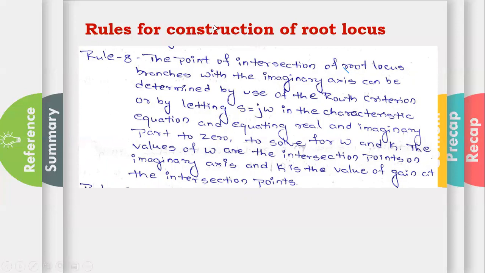Either you can go for the Routh criteria by forming the Routh array, or else we can substitute s equal to j omega in the characteristic equation and equate the real and imaginary parts, so that we find omega and K. The value of omega will tell at what point the root locus intersects the imaginary axis, and the value of K tells at that instant what the open loop gain is.